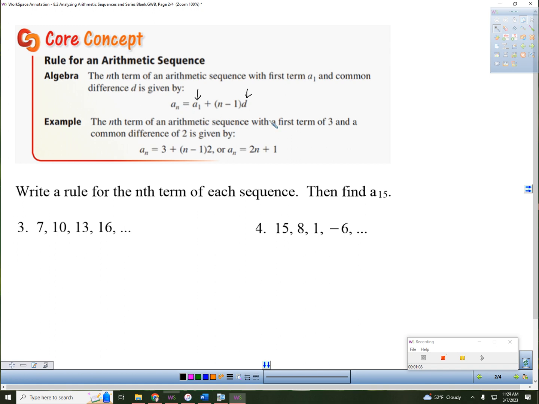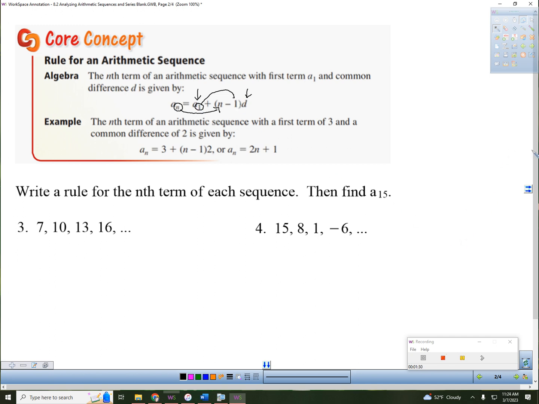That would be your rule. This n pairs up with this n, and since this is the first term, that's why this is a 1. So if I had put the fourth term here, this would be a 4.